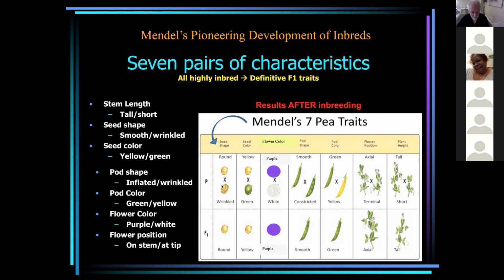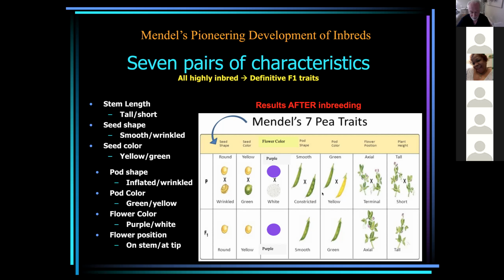And when he crossed them, all the progeny were round. Similarly with seed color, yellow times green, all the progeny were yellow. And then flower color, purple and white. The F1s were all purple. Pod shape, pod color, flower position, and plant height.